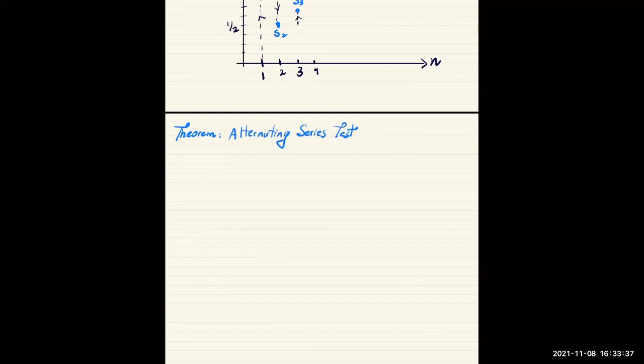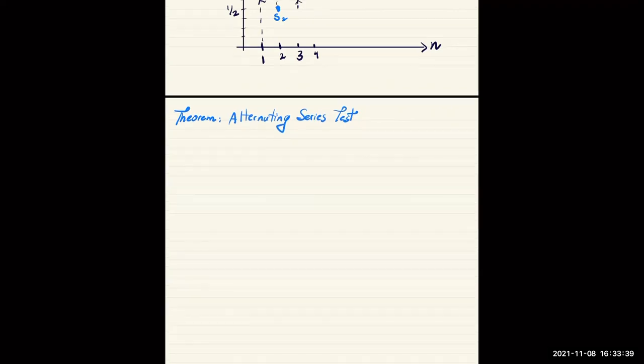All right, and it says that if you have an alternating series, (-1)^n or (-1)^(n-1), who cares which form you have?